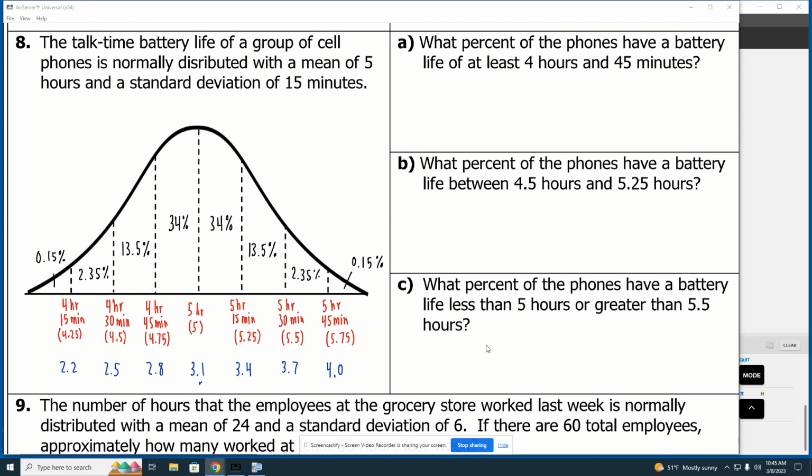But then if you look at B, do they even ask it in that format? No. So that was the little trick to this particular problem. So I had to be able to associate minutes to decimals. So for example, 5 hours and 15 minutes would be what as a decimal?